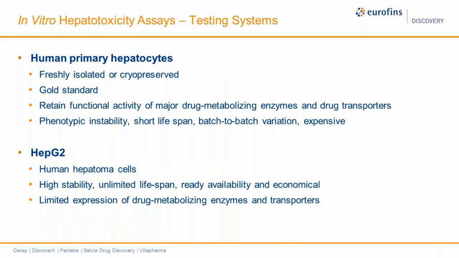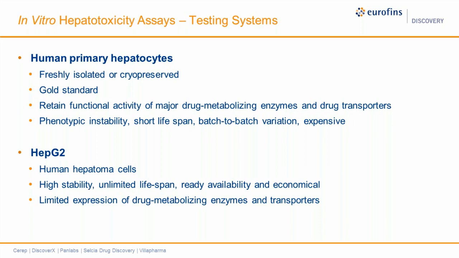We use 2 types of cells in the assays that assess DILI risk: human primary hepatocytes and hepatoma cells. There are advantages and disadvantages of each cell type. The human primary hepatocytes can be either freshly isolated or cryopreserved.